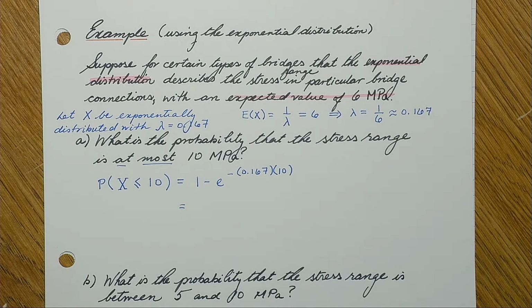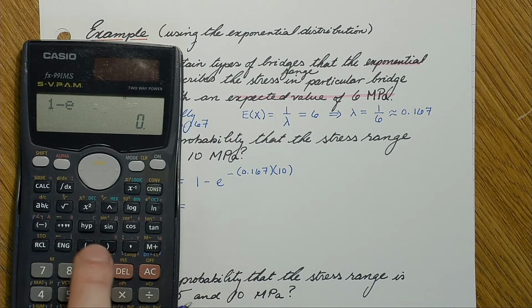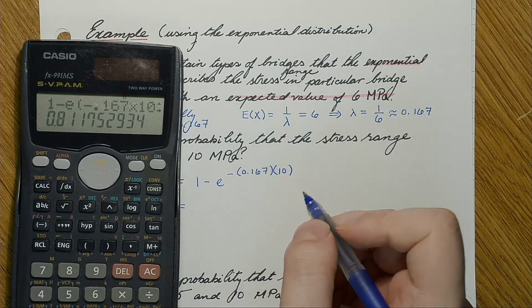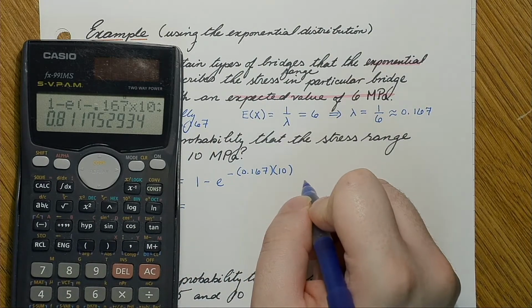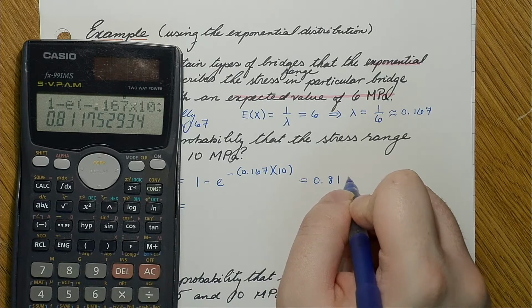So 1 minus the exponential function, oops, I'll show my calculator, minus times 10. So I get 0.8118.